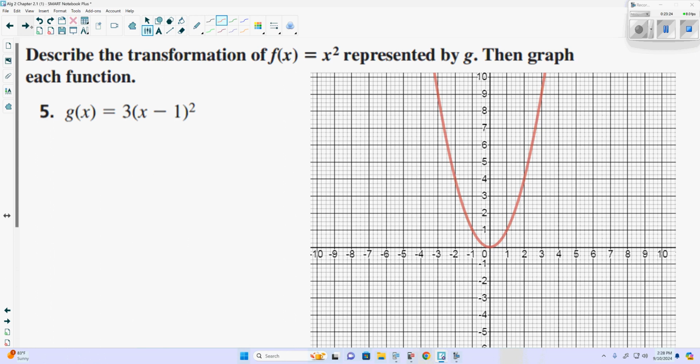How many do we have? 2. Do we want to work with the 3 or the -1 first? Because the -1 would be left or right, and it would be right one. The 3 being multiplied on the outside would be what?